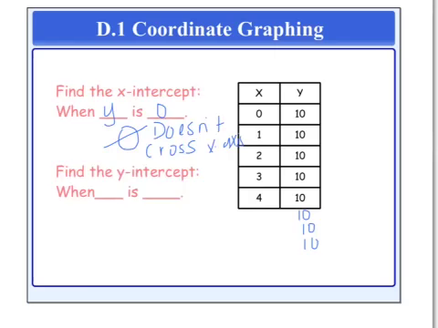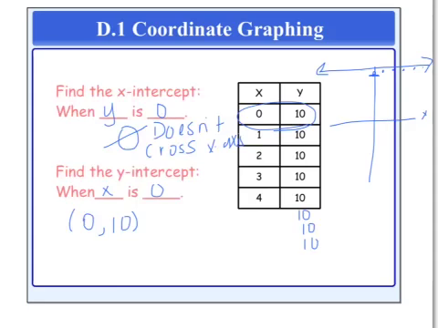What that would look like on a graph is you go 0, let's say this is 10, so you go 0, 10, 1, 10, 2, 10, 3, 10, 4, 10, 5, 10. It's going to look like this, and it's never going to cross this x-axis. The y-intercept is when x is 0, so it's going to be at 0, 10, which you can see it's crossing the y-axis right here.